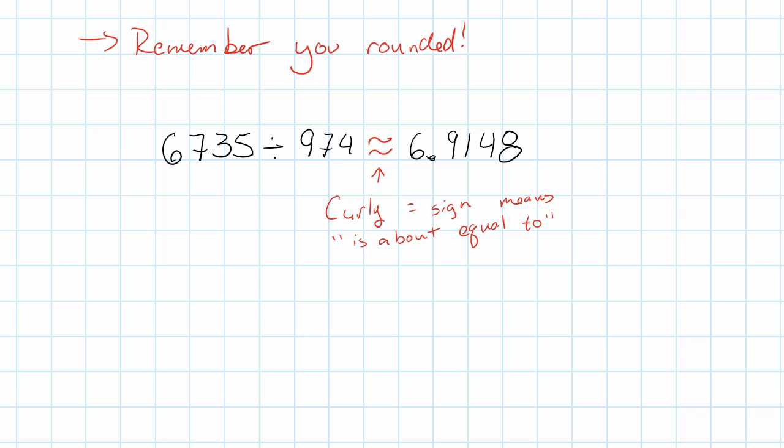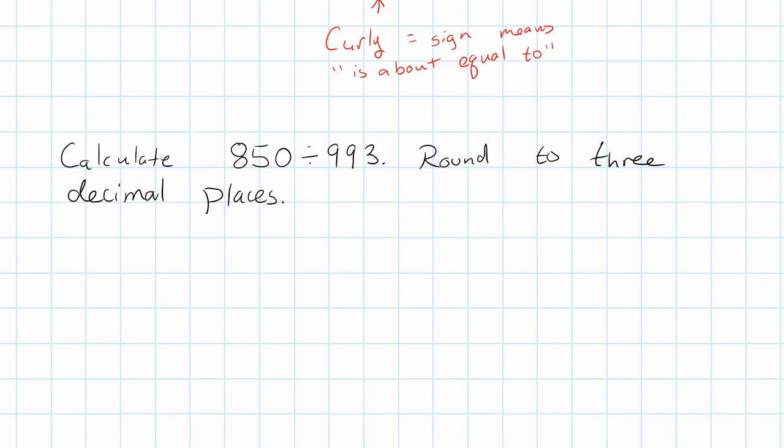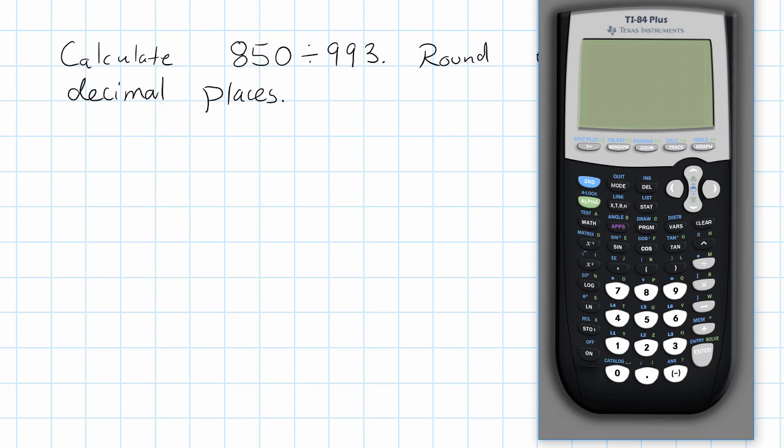Another way we could give an instruction about rounding a decimal is to say just round to a certain number of decimal places. So for example, say we want to calculate 850 divided by 993 and round to 3 decimal places. Again, I'm going to use the calculator for this arithmetic.